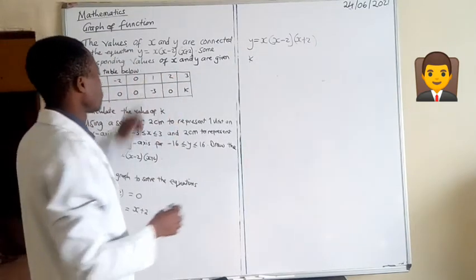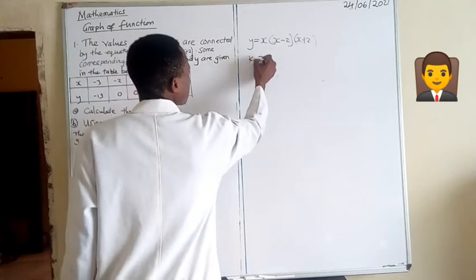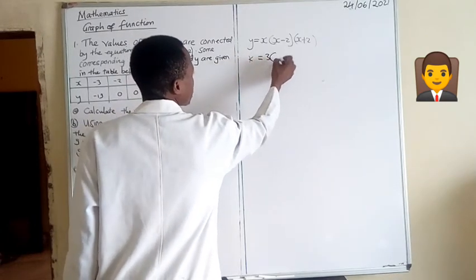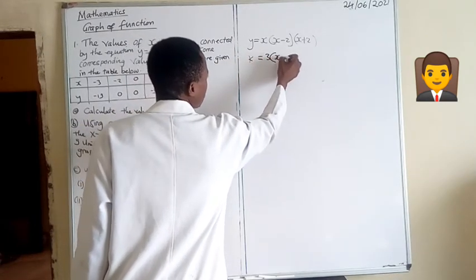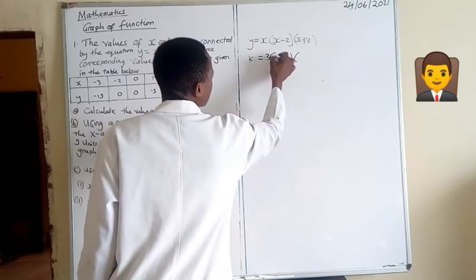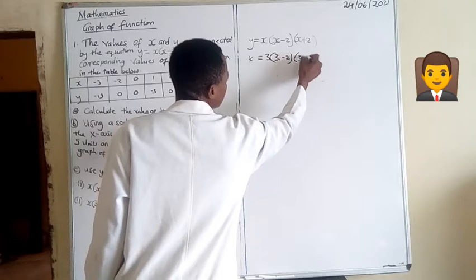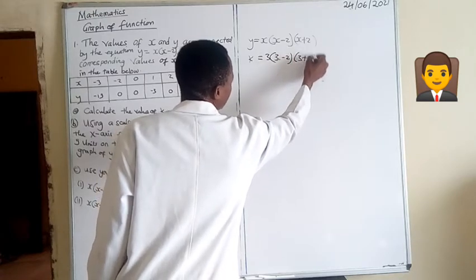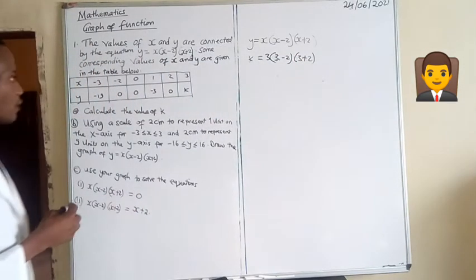This 3 which is here. So we have k is equals to 3, open bracket, x minus 2, and also where there is x, we put 3. There again, we are putting the 3. Then we start simplifying one by one.